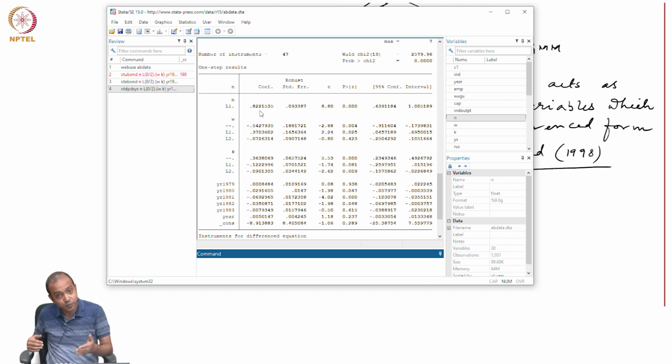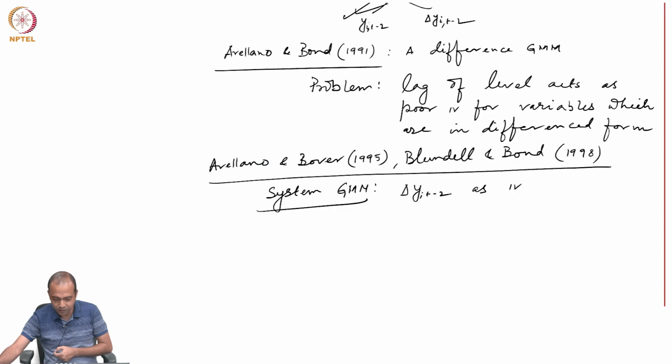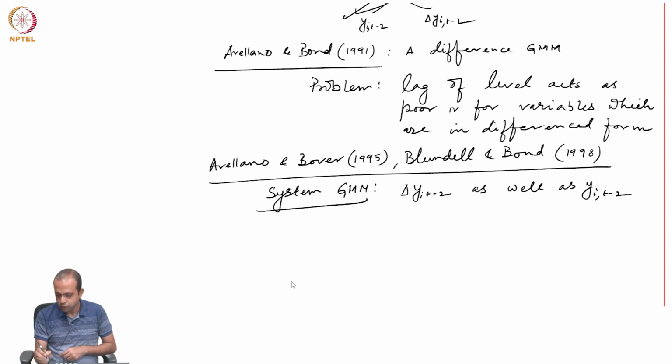Now, in system GMM what is happening? I am considering YIT minus 2 as well as delta YIT minus 2 as instruments.